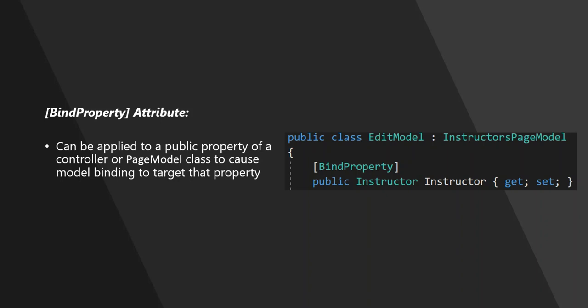Here the BindProperty attribute is on the Instructor property, which is of type Instructor class. Wherever this public property is used, all the elements of this Instructor class will be bound. So it is individually binding just one property. It could be any other public property.